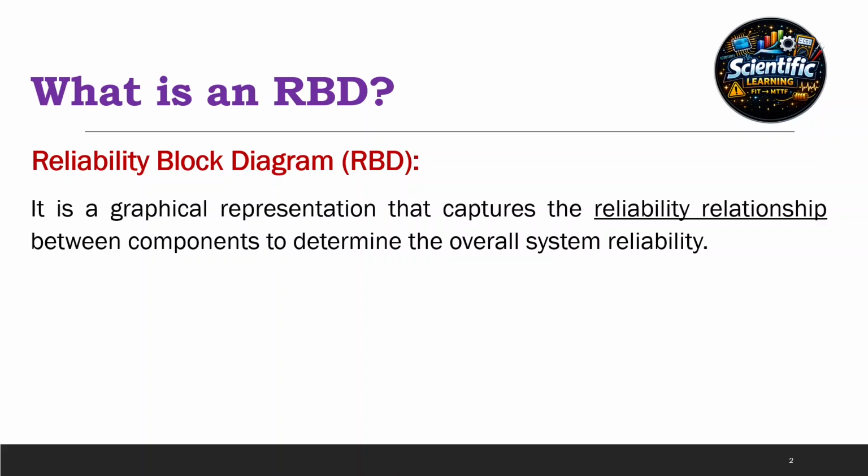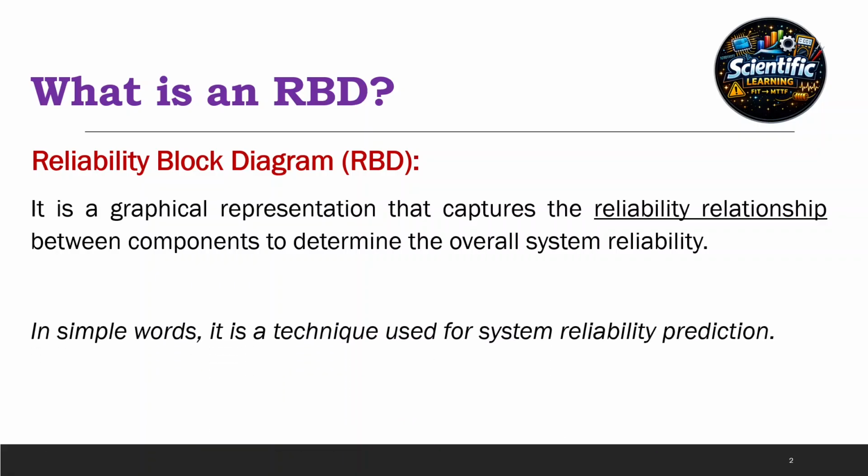Now this reliability relationship that I'm talking about between components could be a series type, parallel type, a mixed type of reliability relationship, and so on. In simple words, it is a technique used for system reliability prediction.